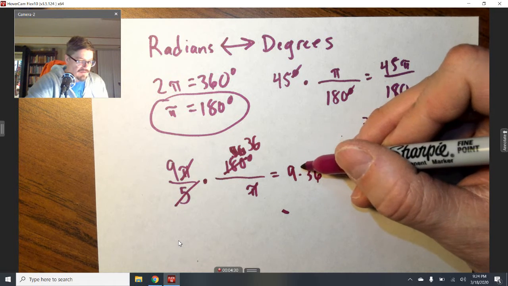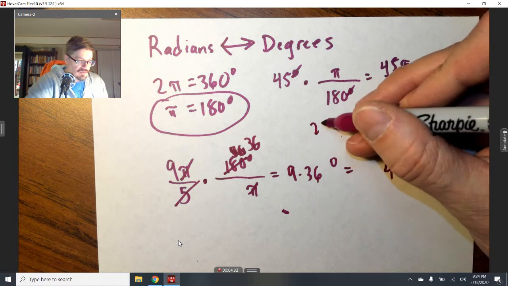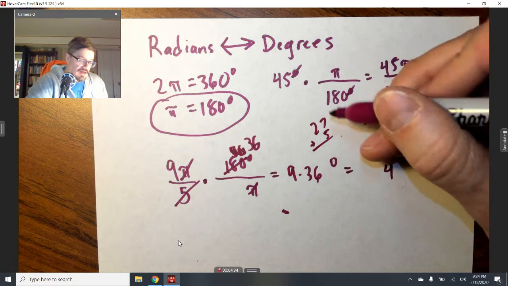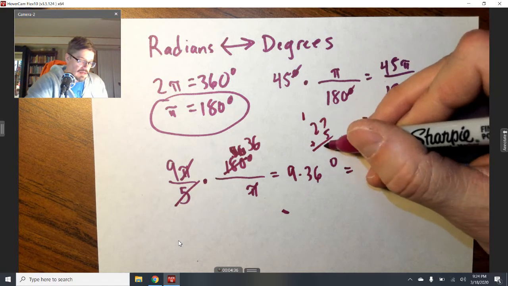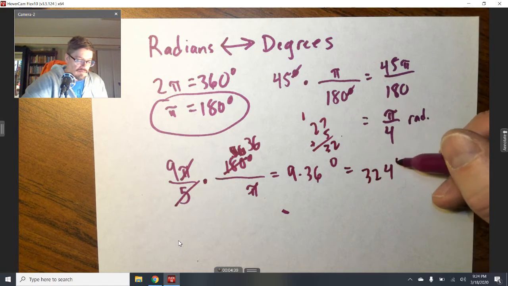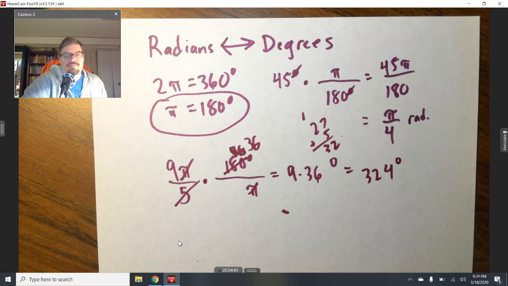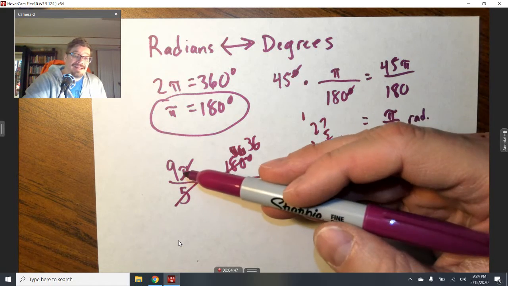Add the 5 to 27. 27 plus 5 is going to be 324 degrees.